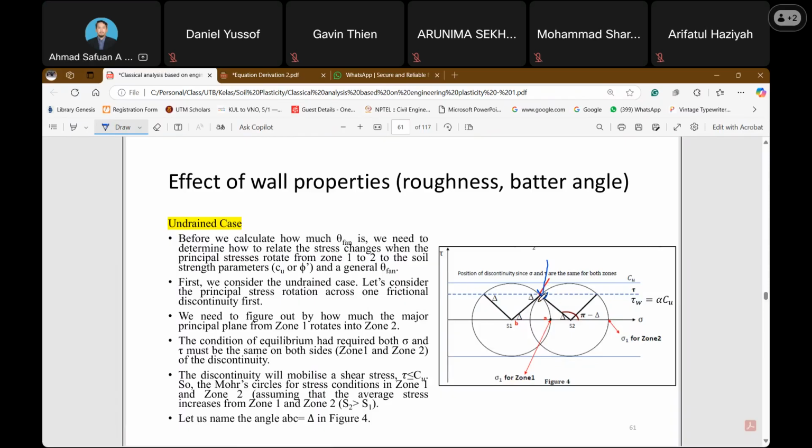To begin with, based on this diagram, we form points A, B, C to represent the angle.